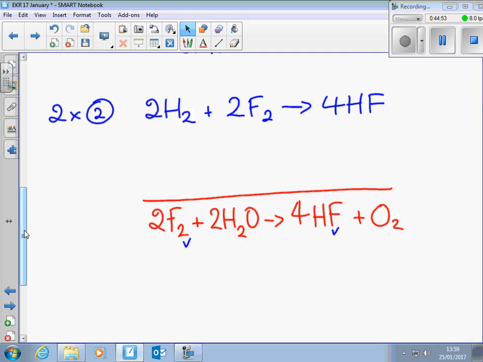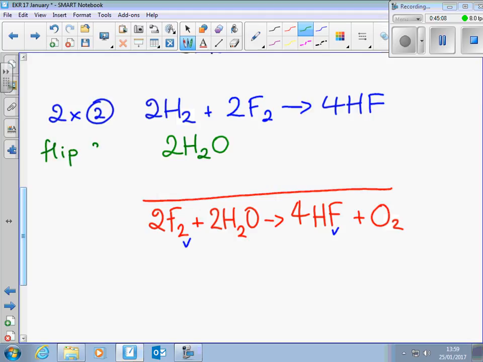Let's use another colour for that one. Our product had to be over here, so that was two H2Os, wasn't it? So this is, and I'm going to use the word flip because it's short. If we've turned it round, we could break that now into two H2s and an O2.